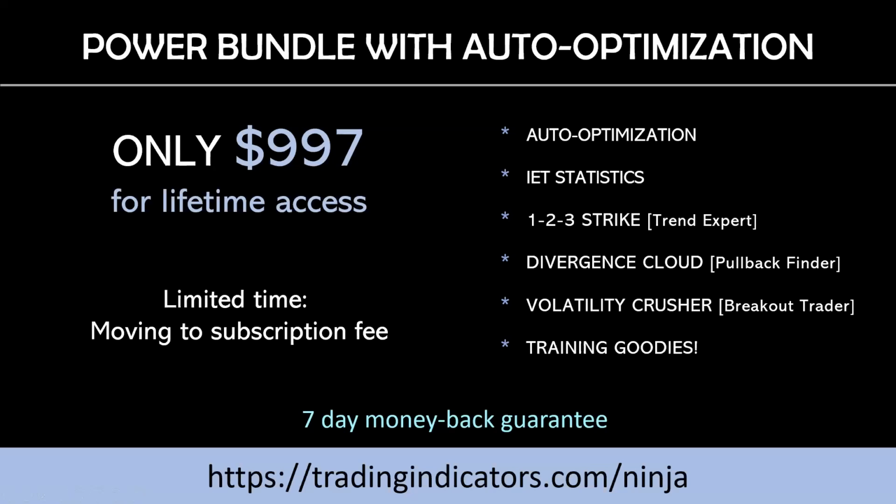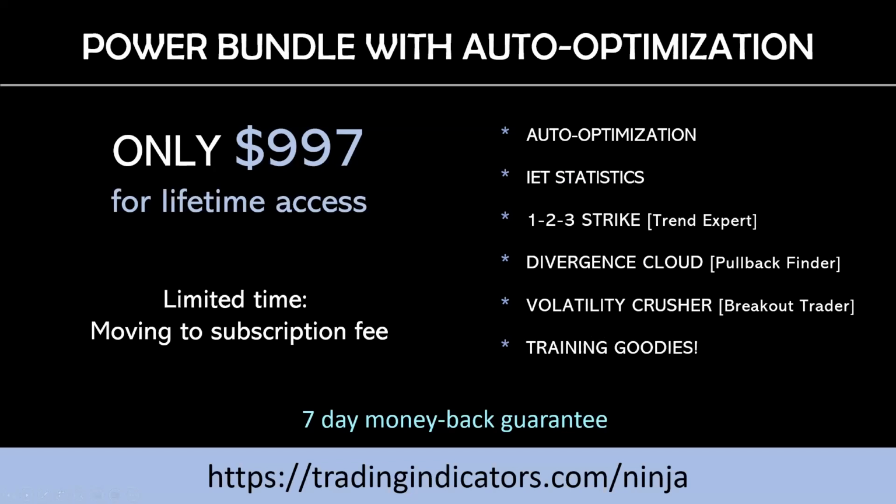Daniel, we still do have some questions again about the super signal. Maybe you can explain to the audience how that works and how it's different from the package today. Yeah, it's also based on our 3 indicators: 1 to 3 strike, divergence, and volatility crusher. But what super signals do is look for confluence. Basically, when all 3 indicators give you a signal in the same direction around the same time.